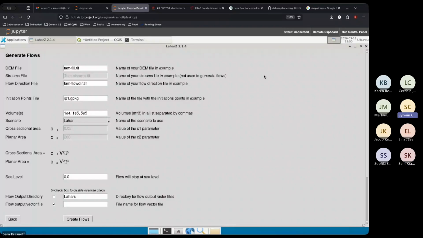And then once you've got your initiation points, you just have to select the volumes, and then it's going to compute the cross-sectional area and the planimetric area of your flows. So it's a pretty good tool if you want to get a first approximation of how far Lahars can go around a volcano, based on some scenarios that you define based on the data you have from previous Lahars.